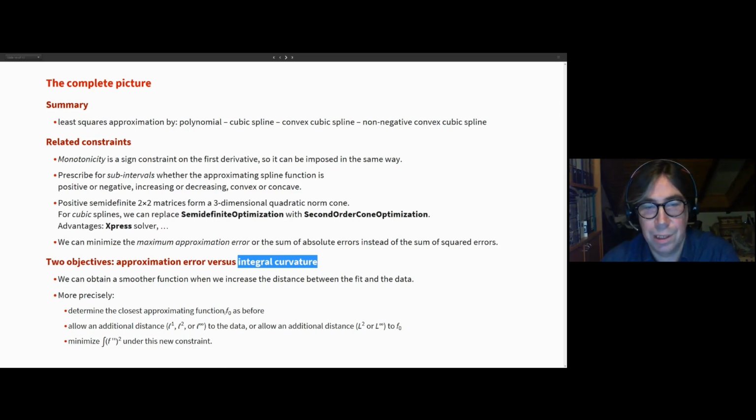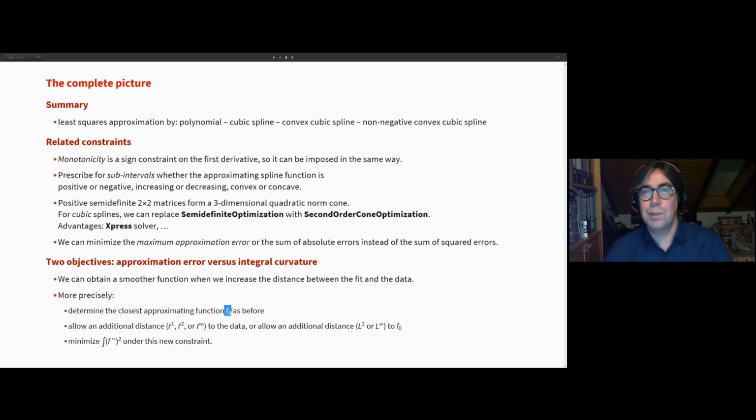So we would determine the closest approximating function f0 first, and then we would relax the distance to the data which we have obtained here in the L1, L2, or L infinity sense, or we would just allow an additional distance to the first fit and minimize the integral over the square of the second derivative, the integral curvature measure, under this new constraint, and that's an additional smoothing.